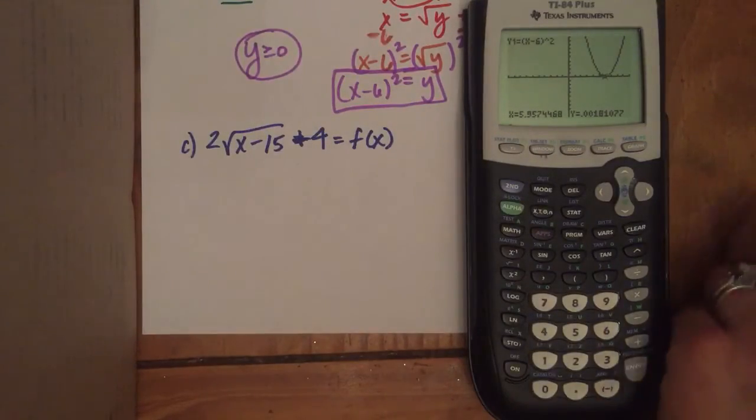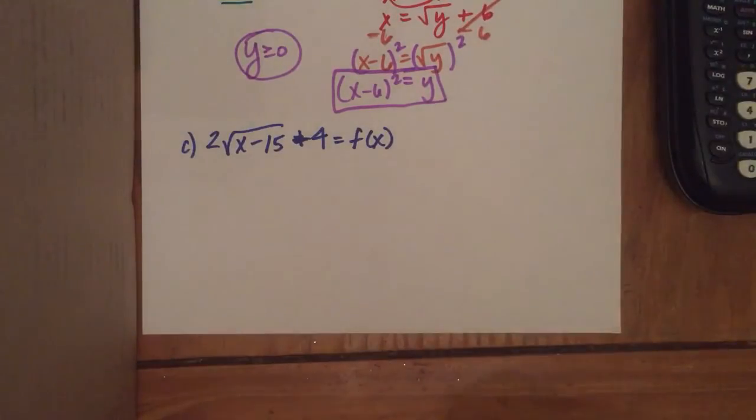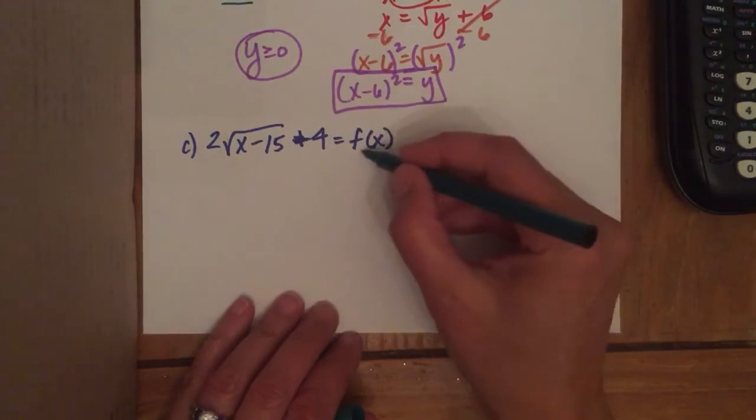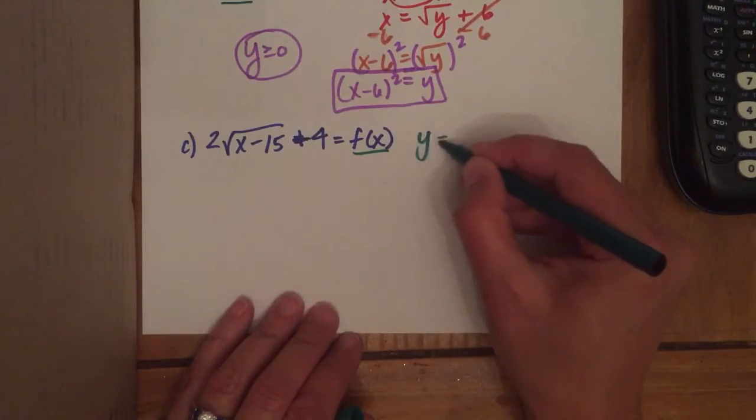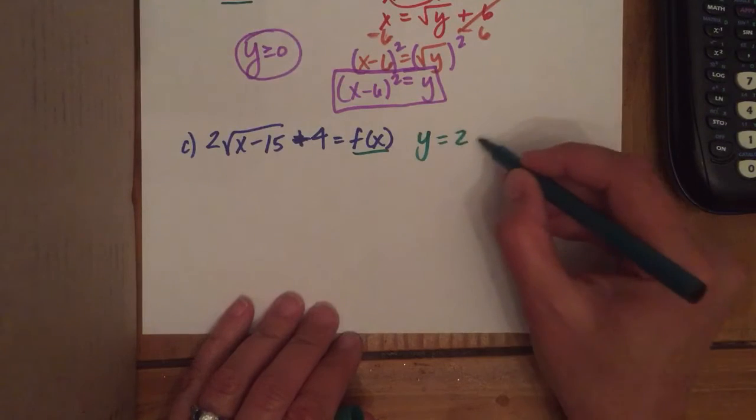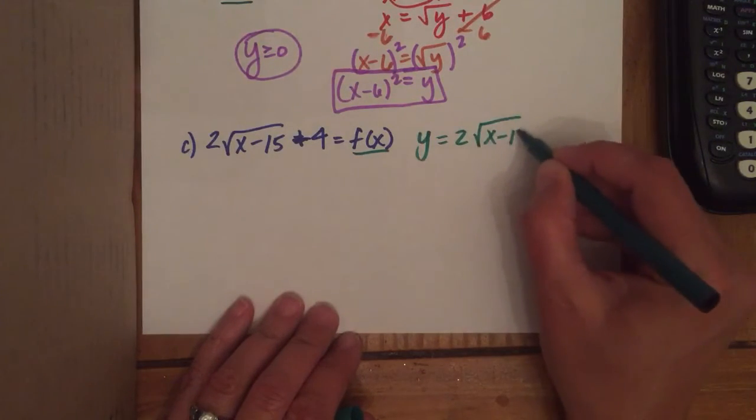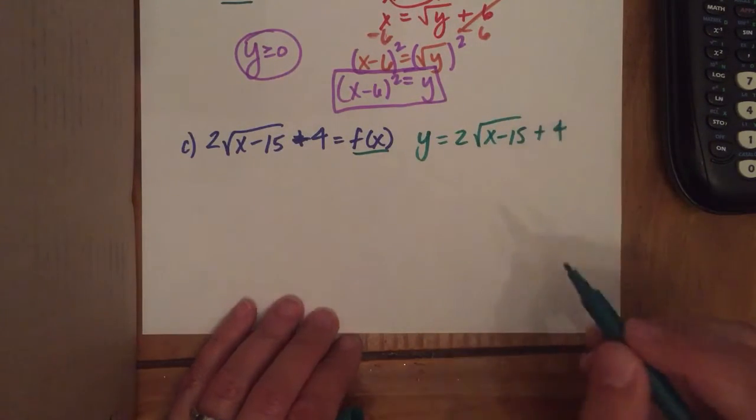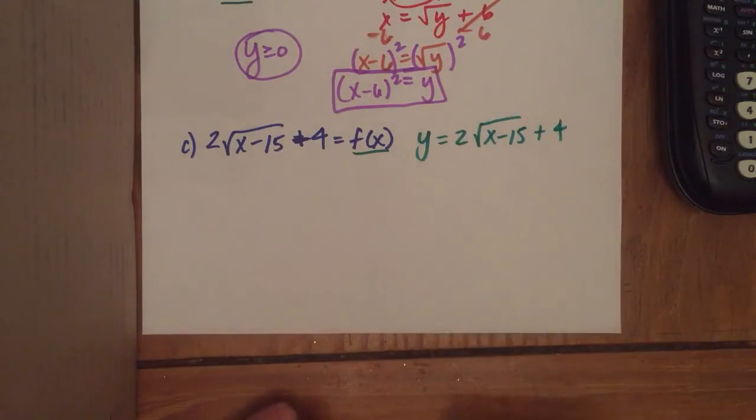So let's look at the last one. I'm going to make this a y. So y equals 2 times the square root of x minus 15 plus 4. The first thing I'm going to do is switch those x's and y's.